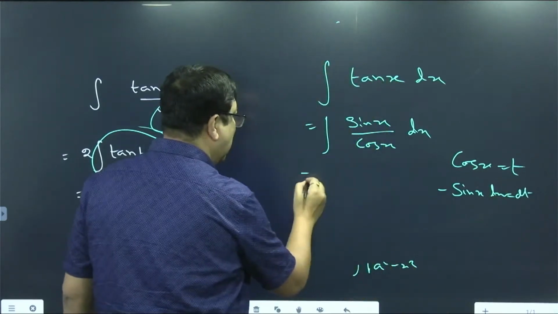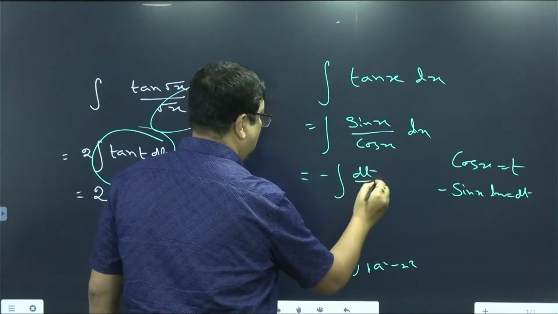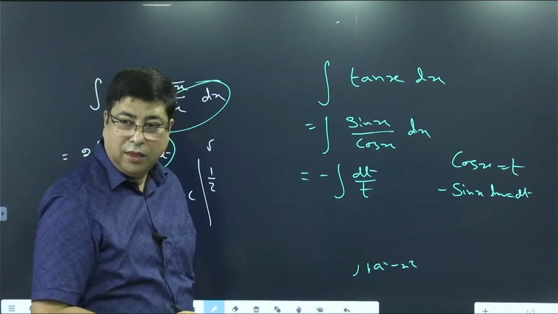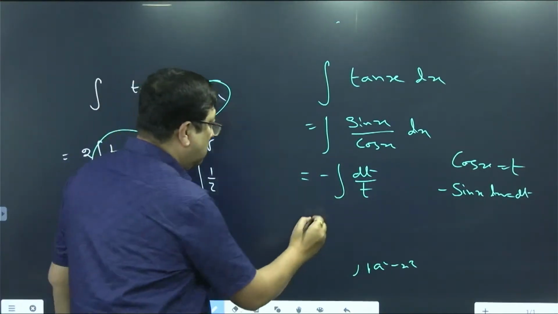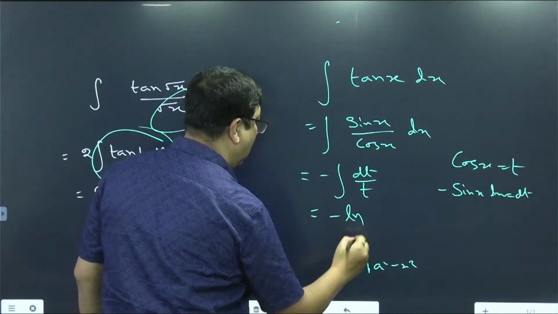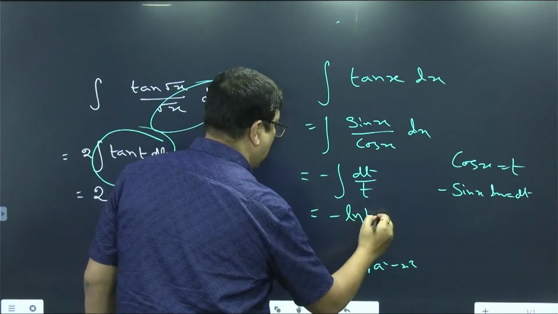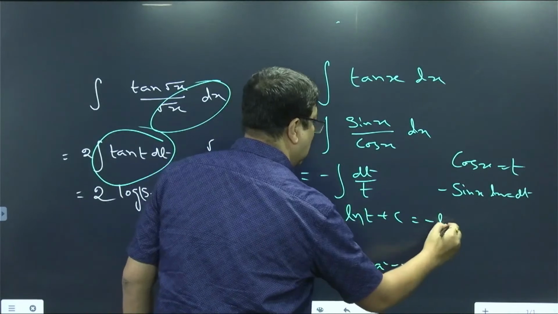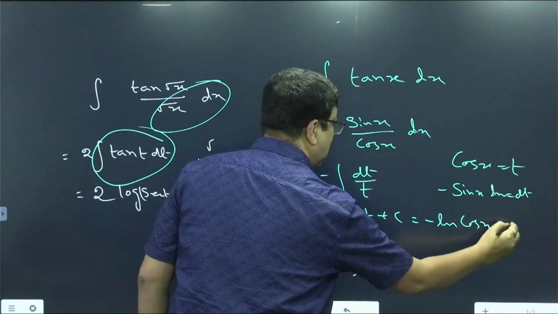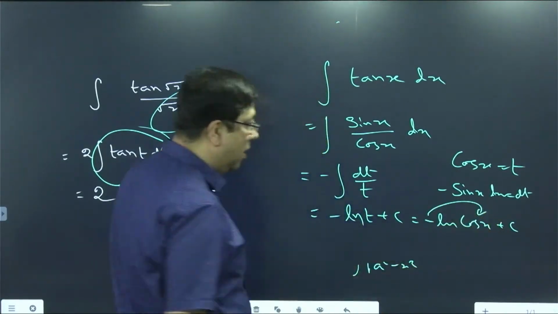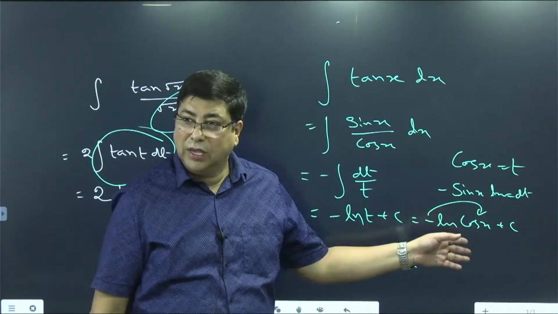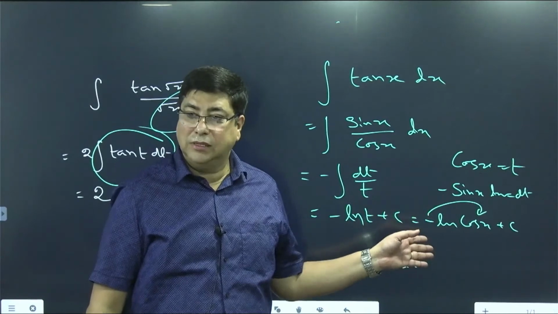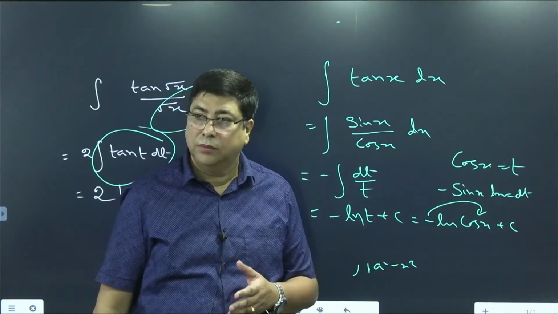So sin x dx is minus dt by t, log t. Okay, understood? So minus log t or ln t, whatever you say. So minus ln cos x. So minus is coming over here. So it is better not to keep minus outside. So log sec x. So integration of tan x is log sec x.